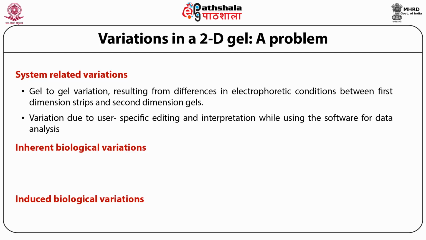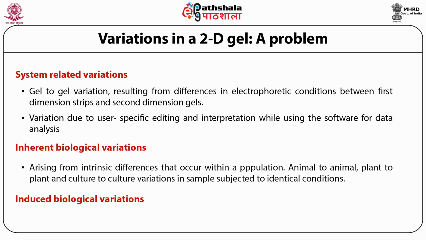Next, the biological variations. Inherent variations occur from sample to sample and organism to organism, and this induces a lot of confusion on the aspect of expression of certain proteins in certain conditions across phenotypes of organisms or clinical samples.